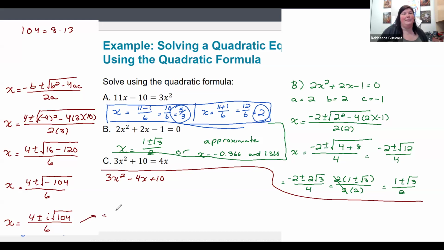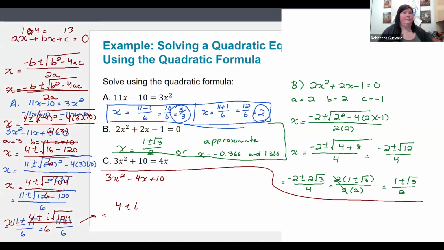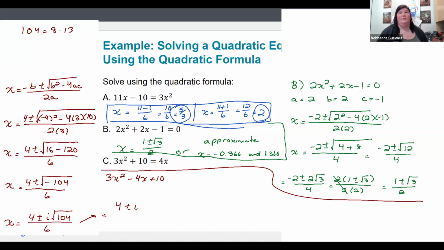So keep going this way. And the 104 will simplify down to, like I said, oh, we don't need 8, we need 4. So if I have 104, that has a square in it of 4. 4 and 26.